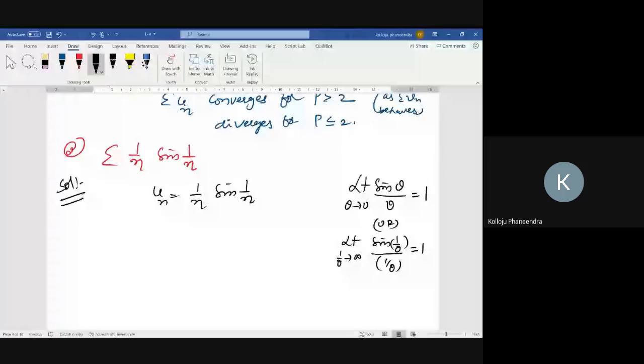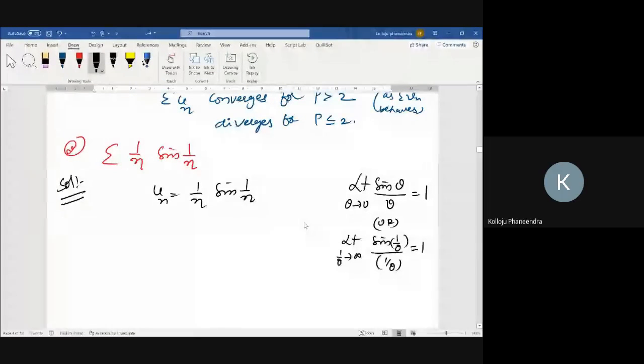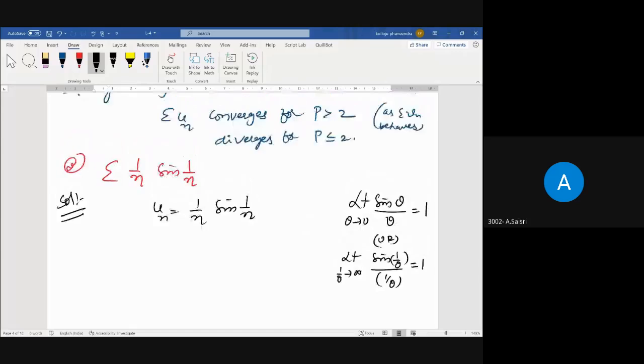Which problem have you reached? First one, sir. The sigma 1 by n sin 2 power... 1 by 2 by 1 power p plus 3 by 2 power p plus 4 by 3 power.